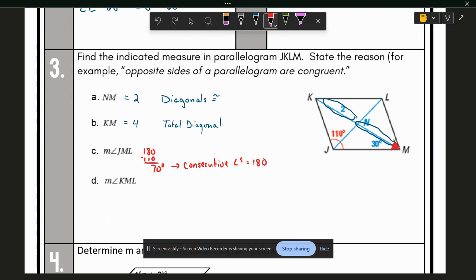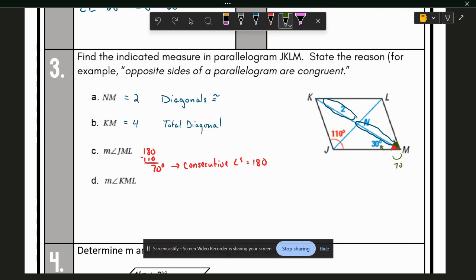All right, last but not least, they're talking about KML. I'll do that one in green here. KML is this little piece. So we know the whole entire angle is 70. They've asked us for the little part, and we know that one of the other parts is 30.